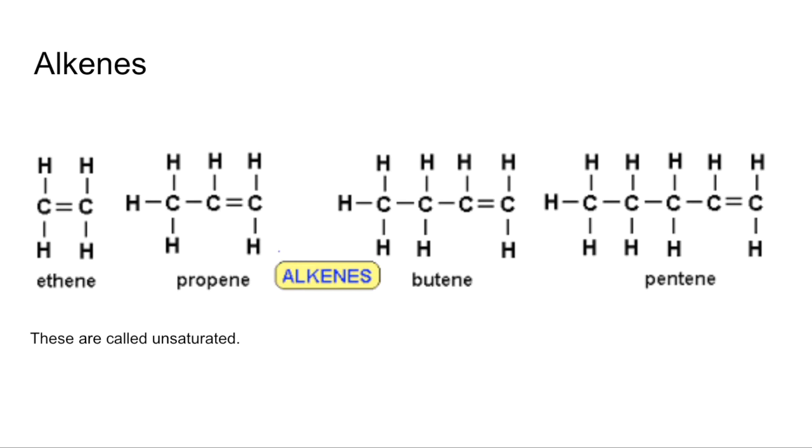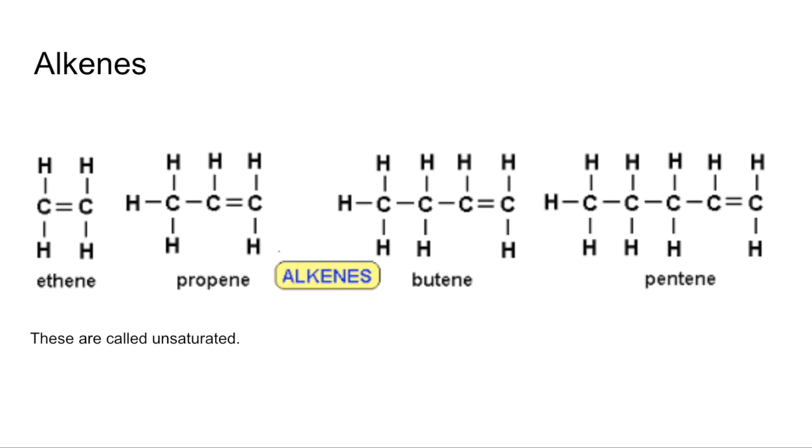Now these are the alkenes that have a double bond between them. So these will have a little different number of hydrogens, right? They're called unsaturated because they are unsaturated with hydrogen. The ones that are saturated with hydrogen have as much hydrogen as they can hold.